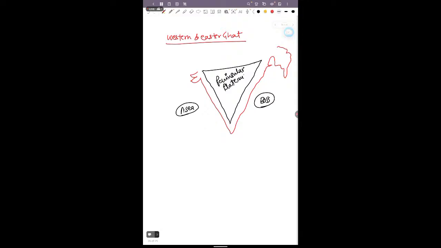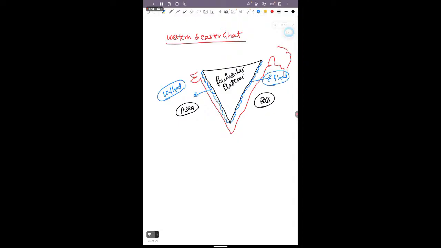So these are the western and the eastern margins of the Peninsular Plateau. This is the eastern margin of the Peninsular Plateau, and this is the western margin of the Peninsular Plateau. This is known as the Western Ghats. This is known as the Eastern Ghats.